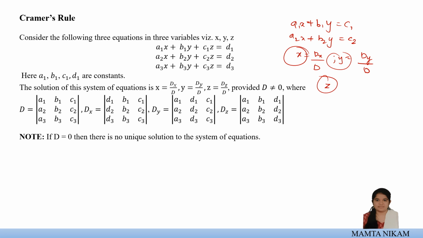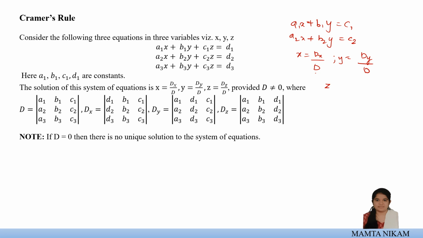And one main thing to note down here is that this denominator should never be zero. अगर ये denominator zero आता है तो इस given system को solution नहीं मिलता है. There is no unique solution to the given system of equations. So always the denominator d should be a non-zero term.